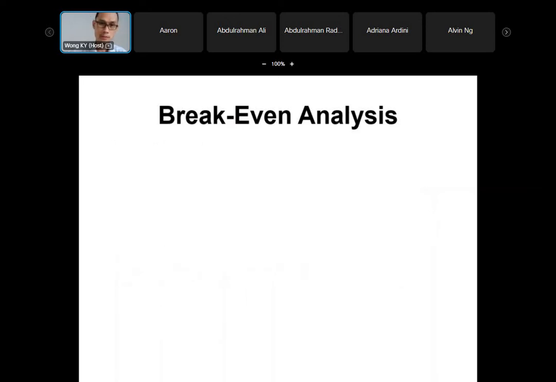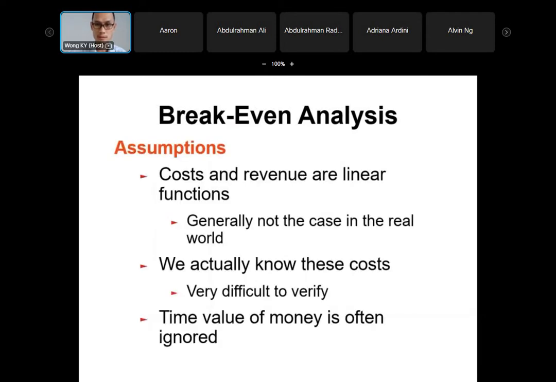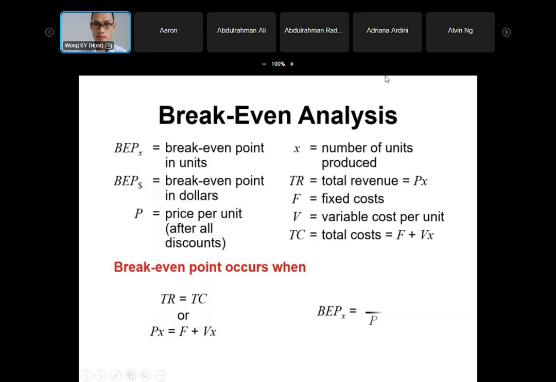So imagine the graph again. We want to find the break-even point. The break-even point occurs when the total revenue equals the total cost. So we can write: total revenue equals total cost. Total revenue is P times X, and that equals the total cost.